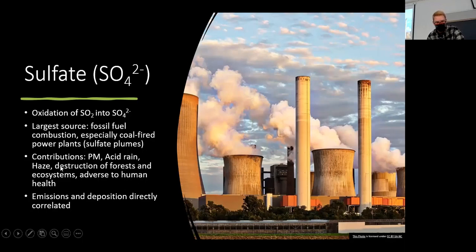These are known for their destruction of forests and ecosystems that we've been able to witness in the Northeast and other places around the world. They also have adverse effects on human health. The emission of sulfate, and emissions in general, are also directly correlated with deposition.